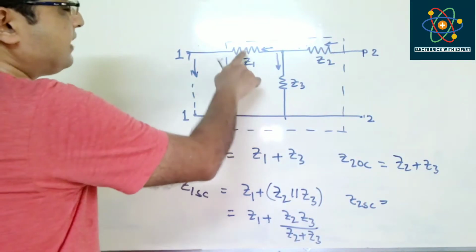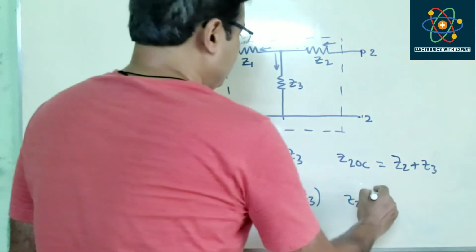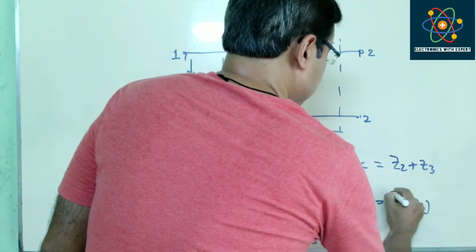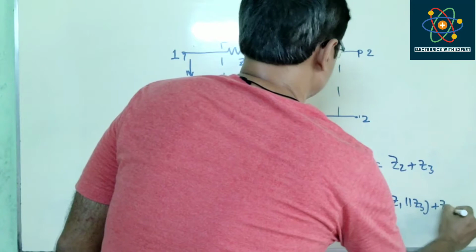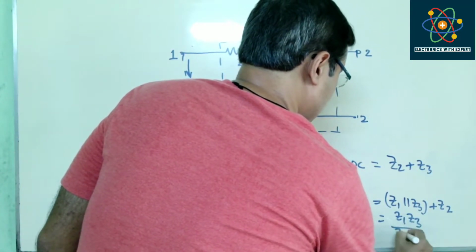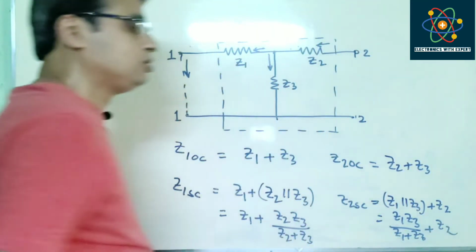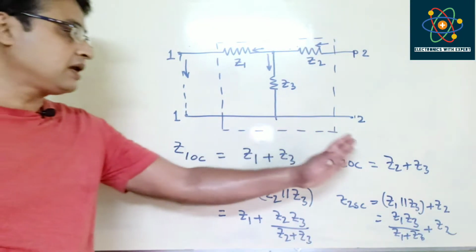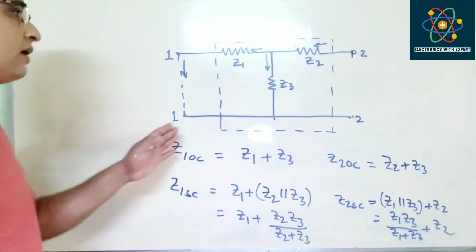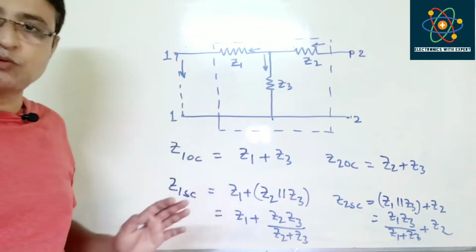So it will make Z1 and Z3 parallel, which is in series with Z2. That means it becomes Z1 Z3 divided by Z1 plus Z3, plus Z2. So these four are the impedances measured across the 1, 1 or 2, 2 terminals, and these are the parameters of a T network.